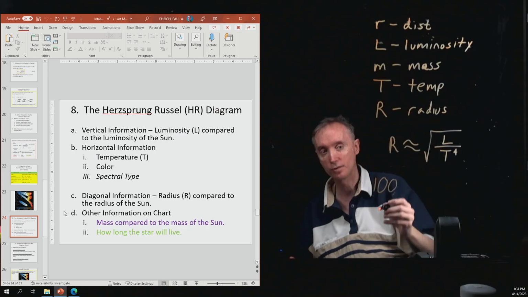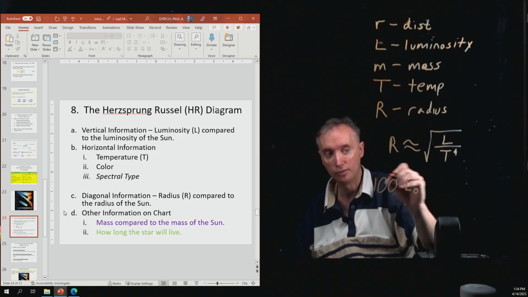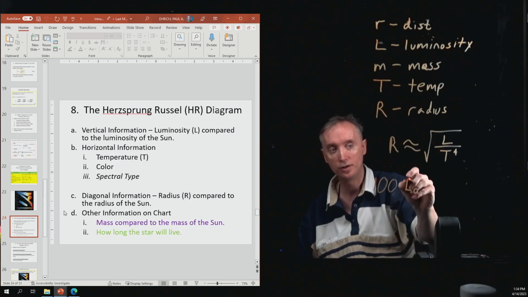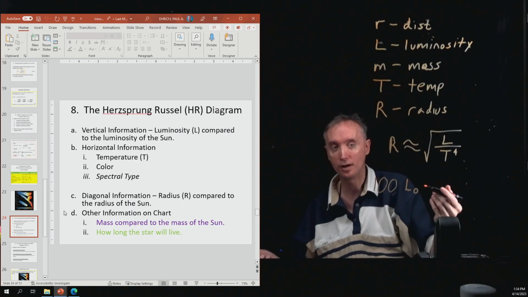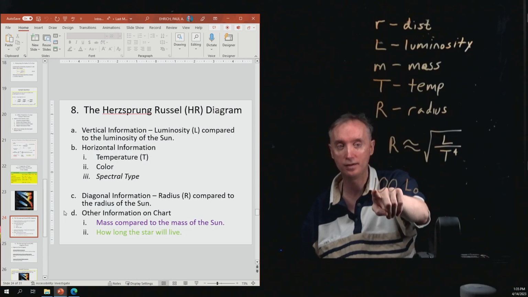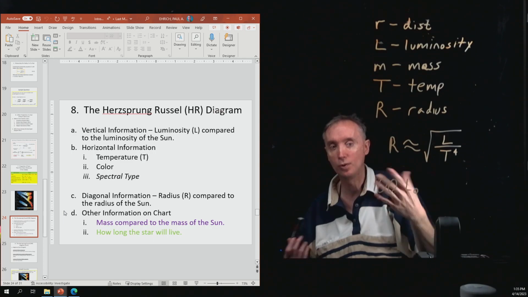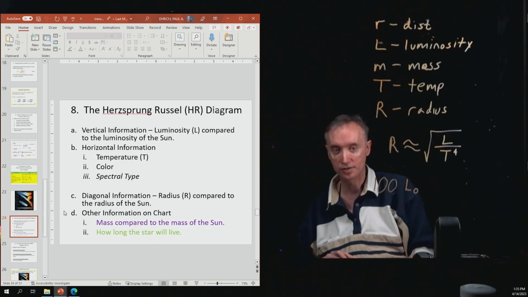You're going to want to write 100 L and then put a 0 next to it, or you could say L sun, or you could just say 100 times the brightness of the sun. Any way that you want, but you need to say that. Don't just give me the number, tell me what the number means. So it's 100 times the brightness of the sun.